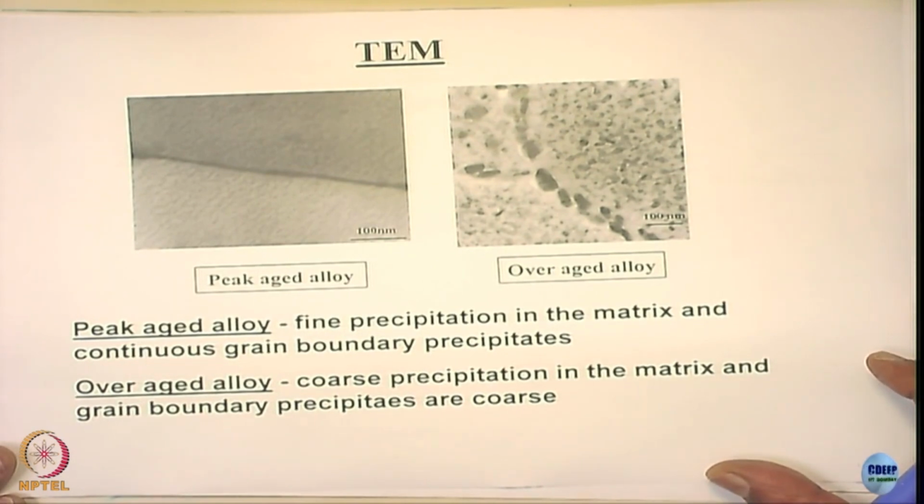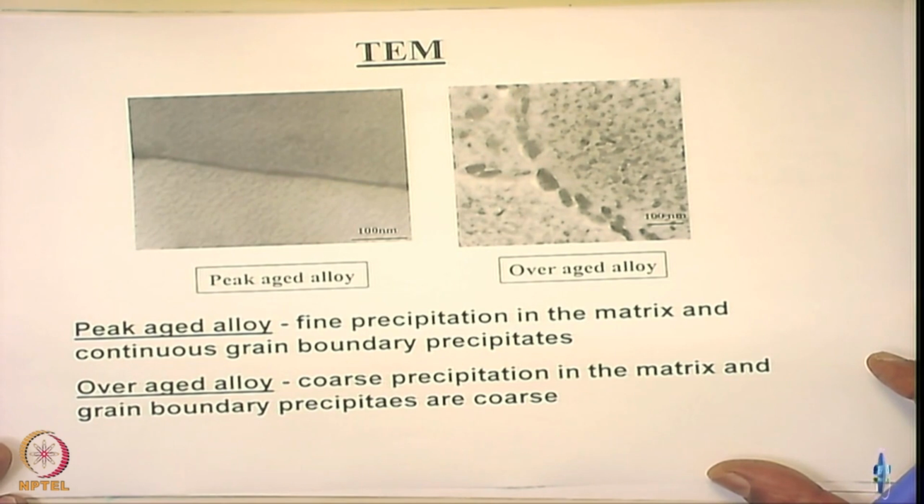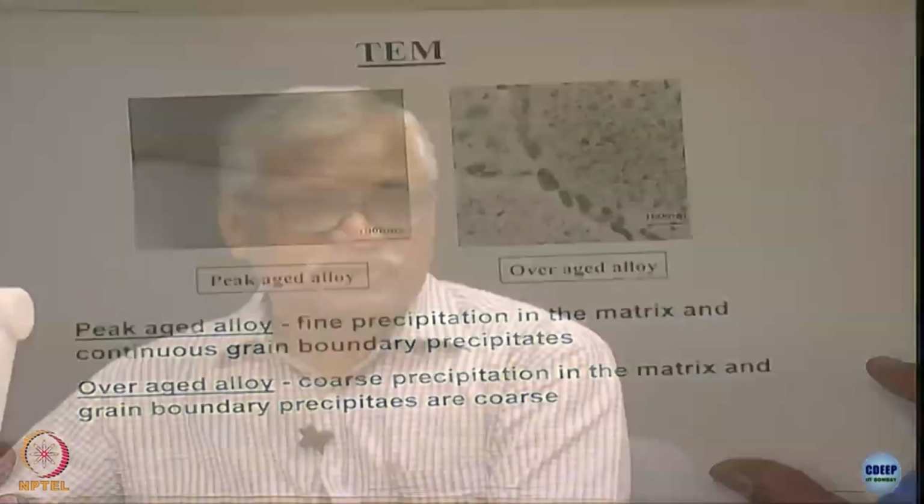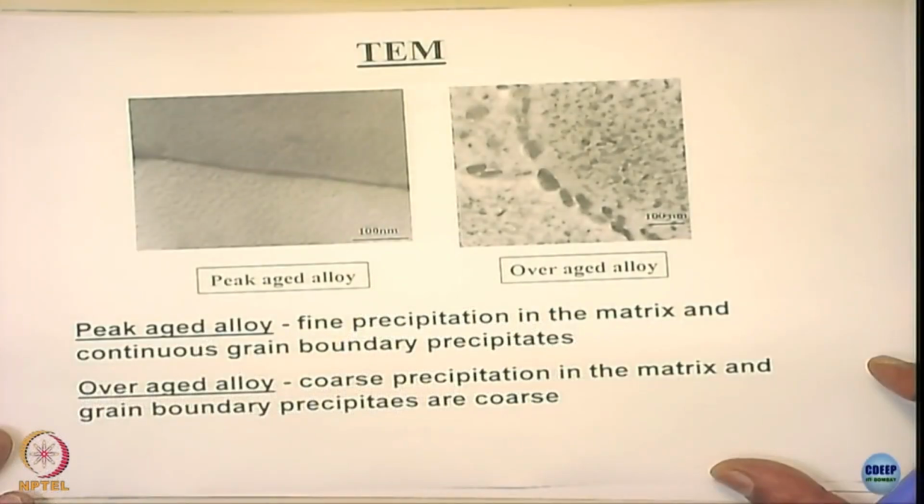The peak aging treatment is the treatment at which the hardness of the alloy becomes maximum, the tensile strength becomes maximum, and if you overage, you continue the aging treatment or raise the temperature, the strength falls down, hardness falls down, maybe 10 to 15% or whatever, okay.